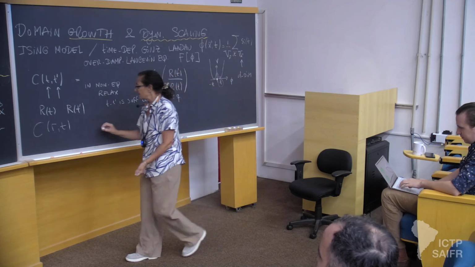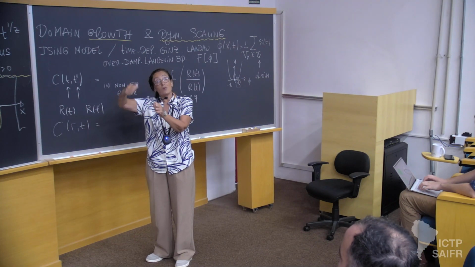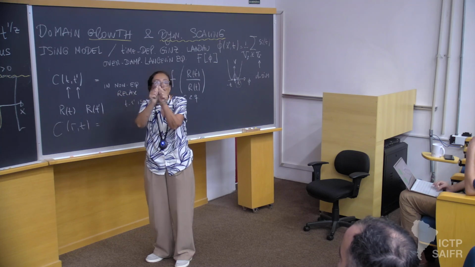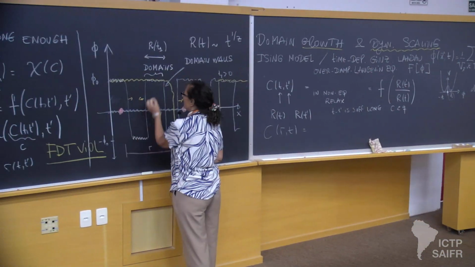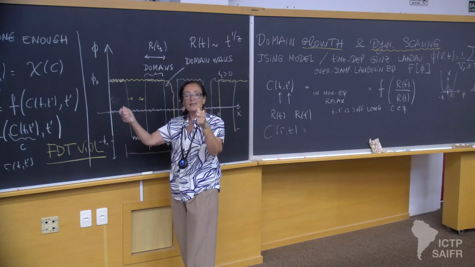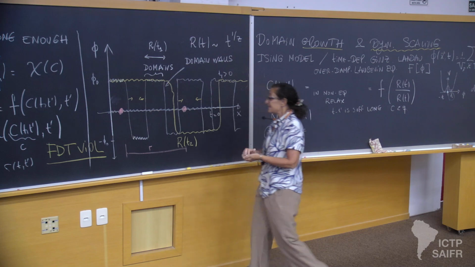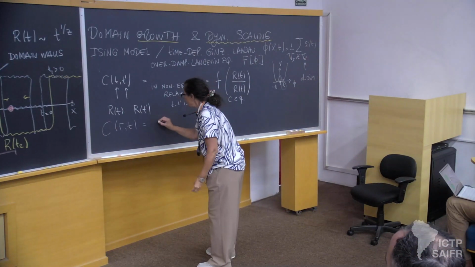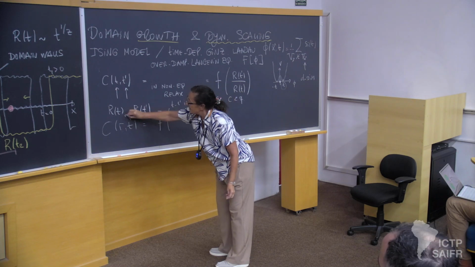And this argument is telling you that if you look at distances where you have domain walls within the distances, not very short distances, because if you look very shortly, you are within the domains. And then you will not capture the presence of the domain walls. So you look at sufficiently long distances, this C of r, t will be another function, let's call it f bar, of R, which is external, but t can only enter through R of t.